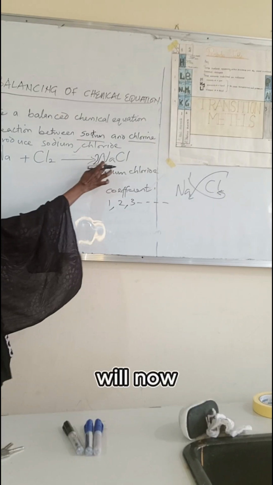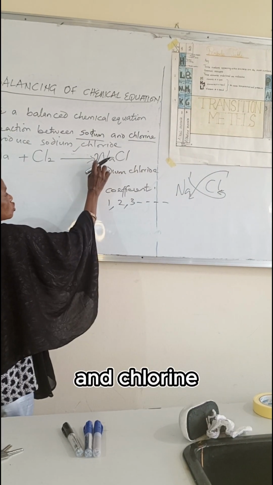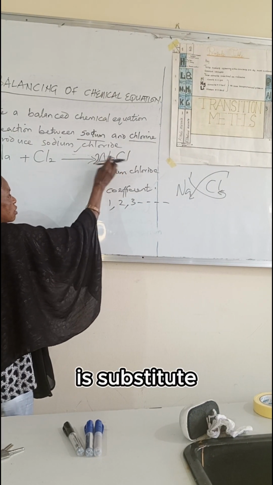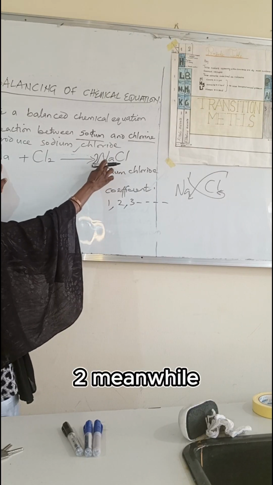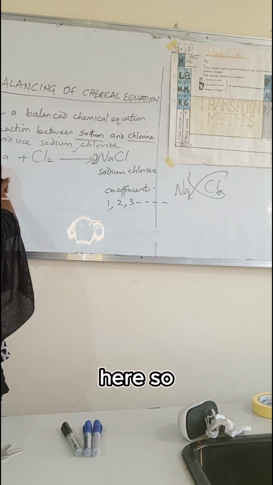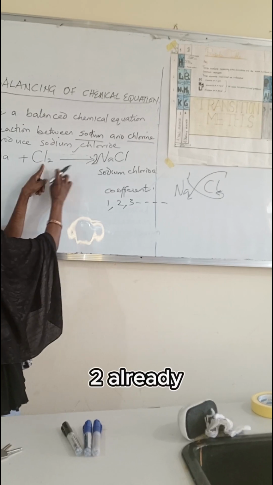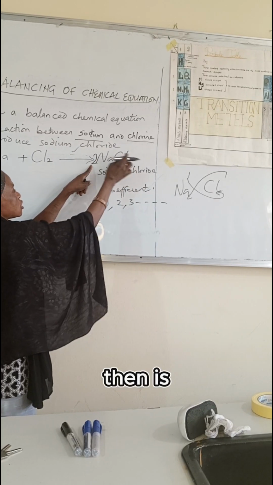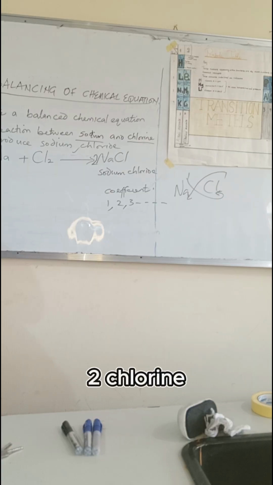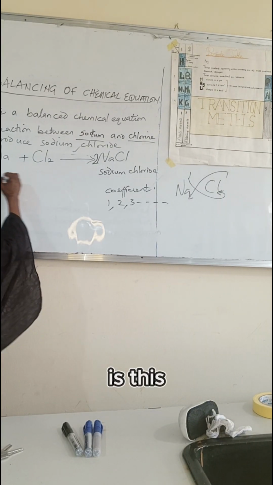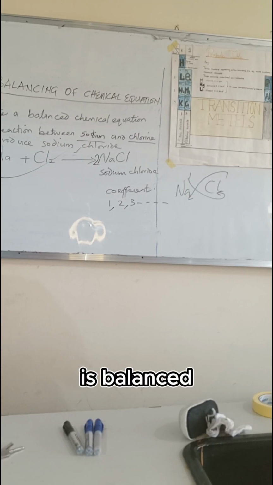Sodium will now become 2, since 2 times 1 is 2 sodium. Then chlorine, 2 is 2 already here, and 2 times 1 here is now 2 chlorine atoms. That is, this one now is balanced.